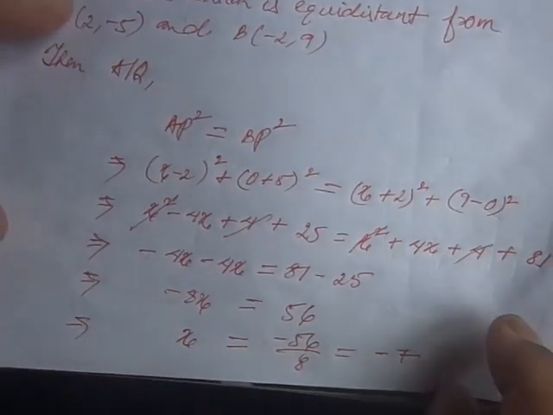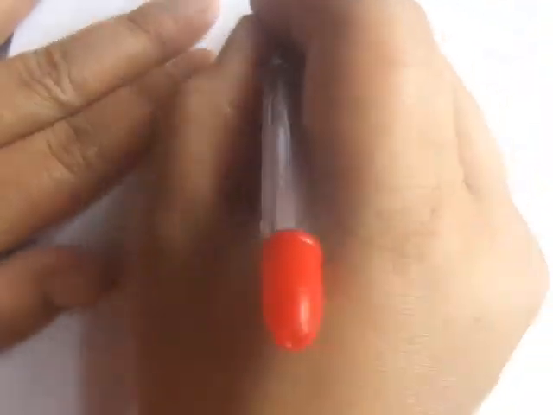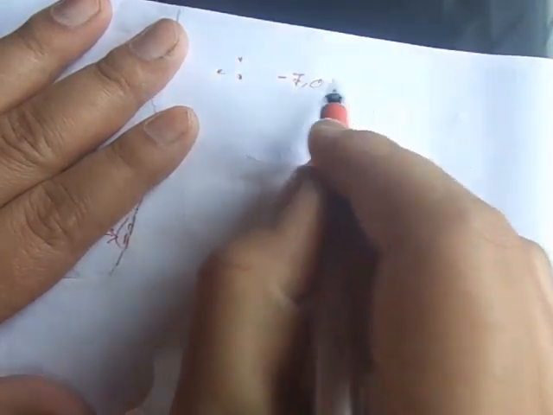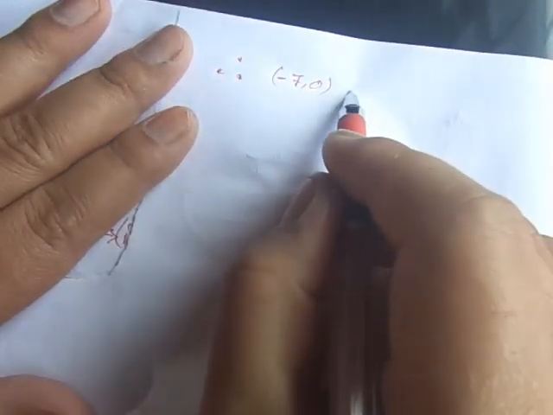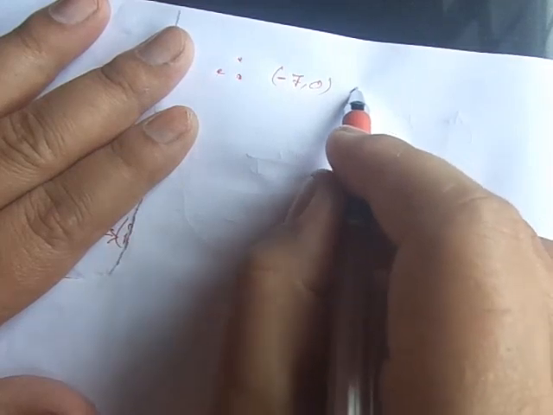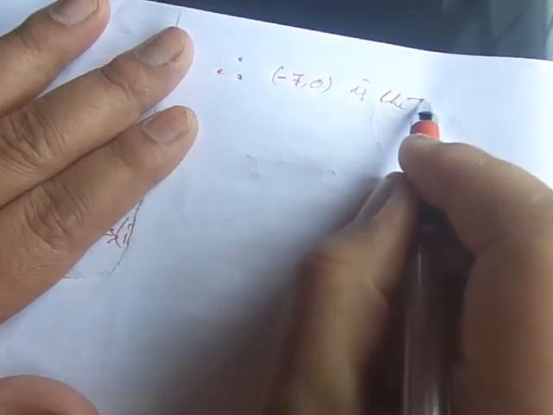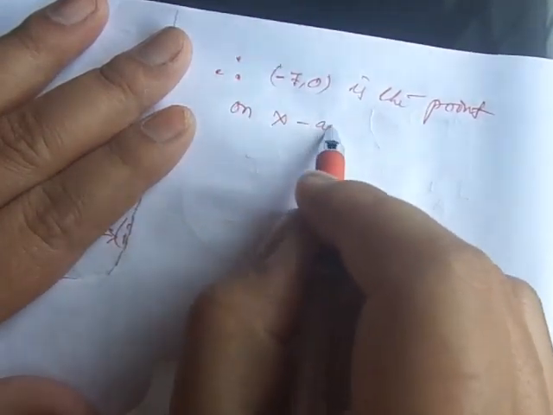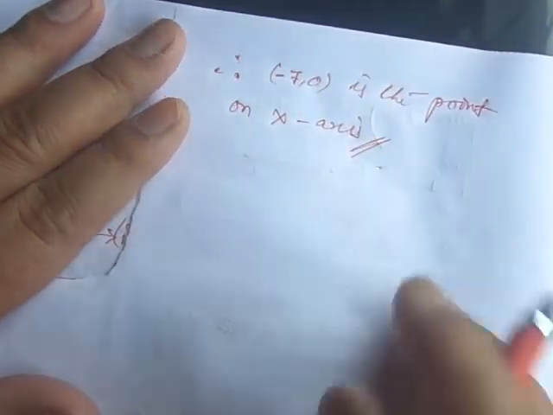Now for conclusion, therefore you can say minus 7, 0 is the point on the x-axis. Just in short.